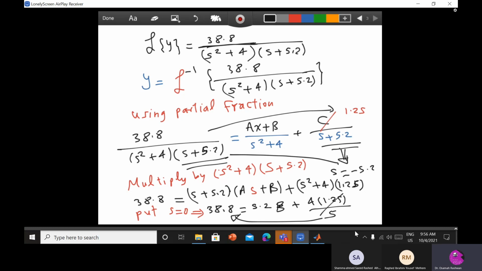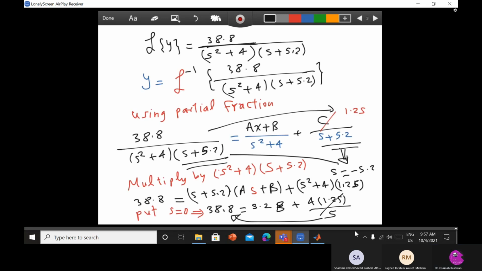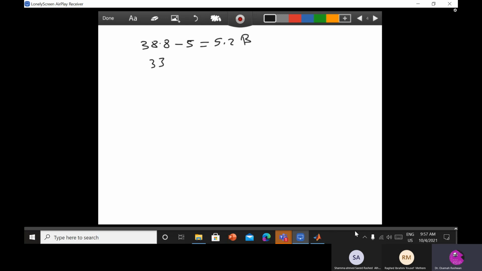So you'll have 38.8 minus 5 equal to 5.2b. So this is 33.8 equal to 5.2b. So b will equal to what? 33.8 over 5.2. So I got this, right?